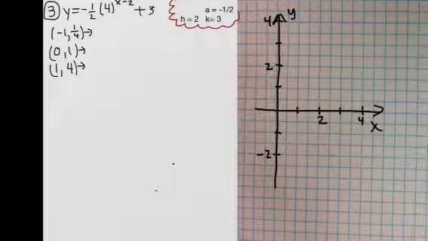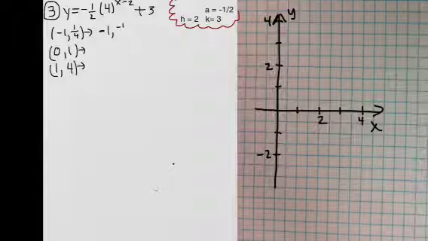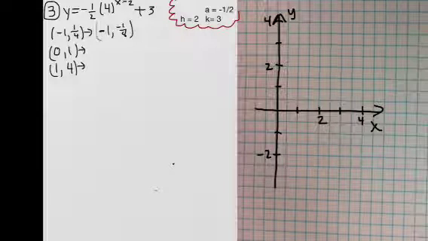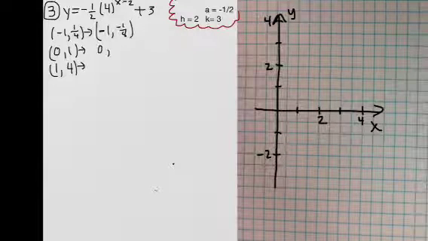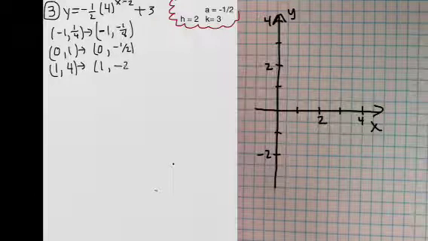So we get -1, 1/4 times -1/2 is -1/8. And then the next point, 1 times -1/2 is -1/2. And then the third point, 4 times -1/2 is -2.